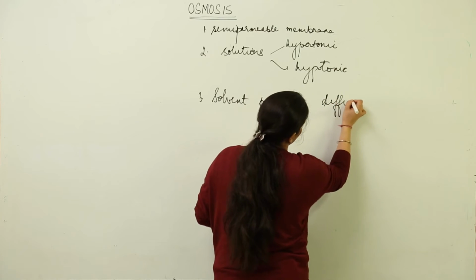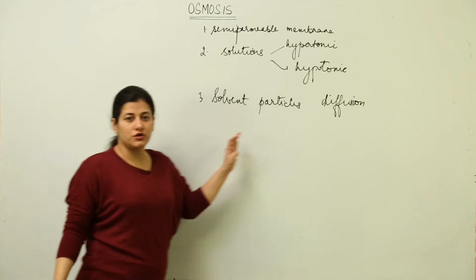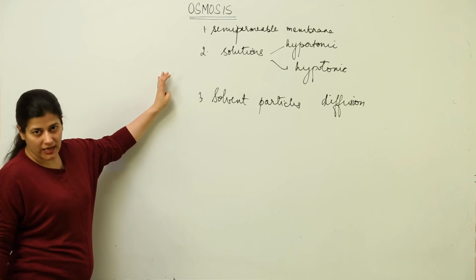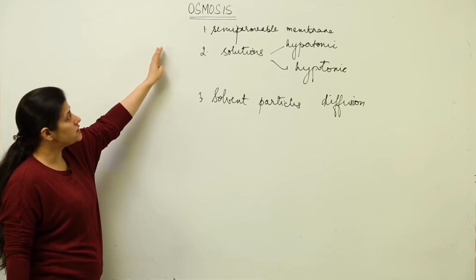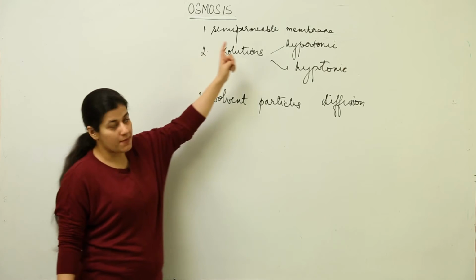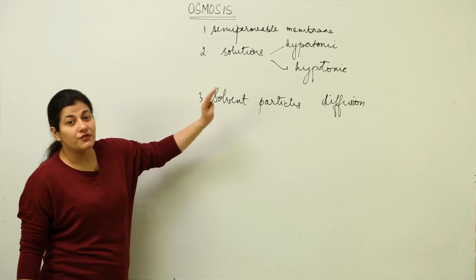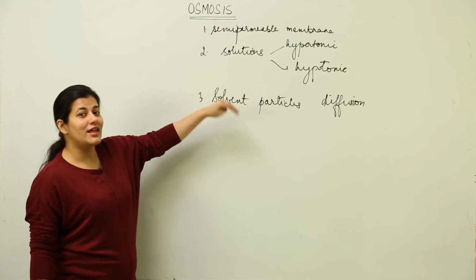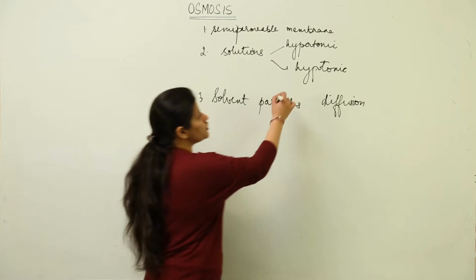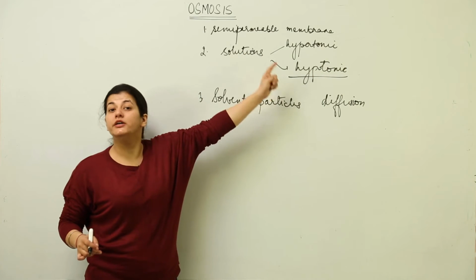This is what you understand from the definition of osmosis, which says that osmosis is a special kind of diffusion which takes place through a semi-permeable membrane when the solvent particles diffuse from their higher concentration in a hypotonic solution to the hypertonic solution.